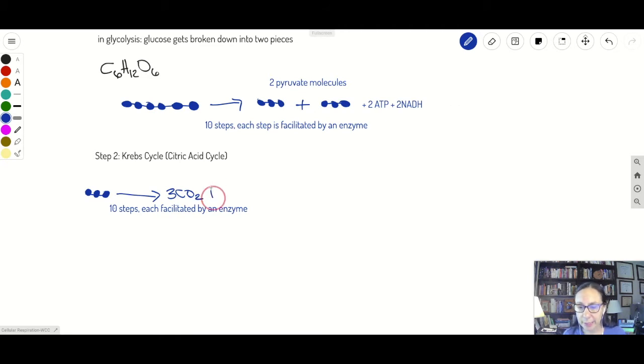Plus, we're going to get 2 ATP. Plus, we're going to get this new molecule called FADH2. FADH2. Okay, just one of those. And this is another molecule that stores energy, just like ATP, just like NADH. And we're going to get, let me think here, 3 NADHs.